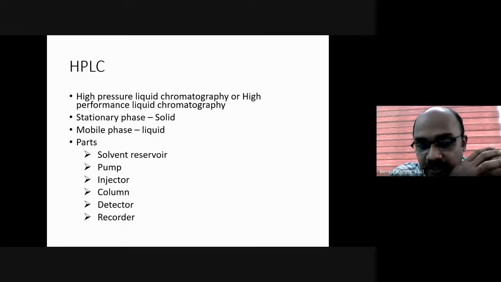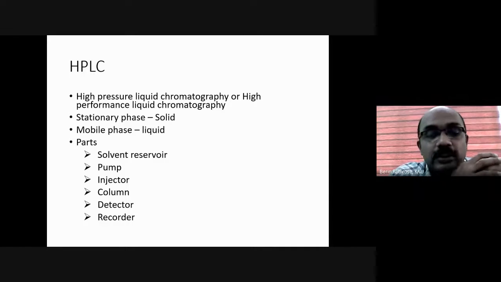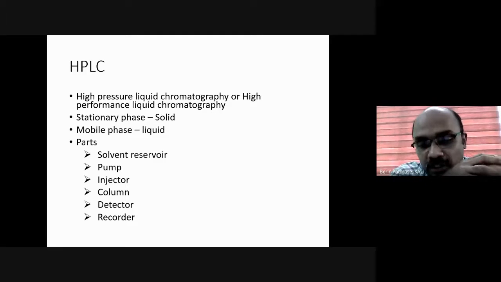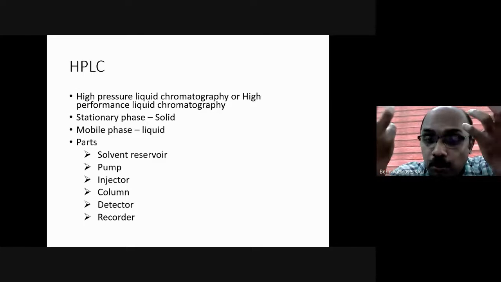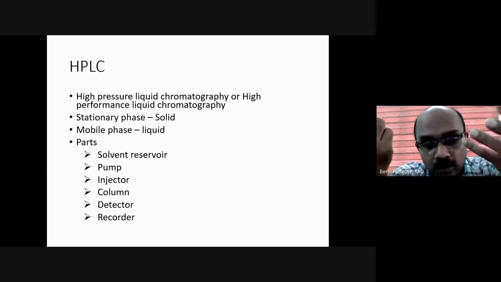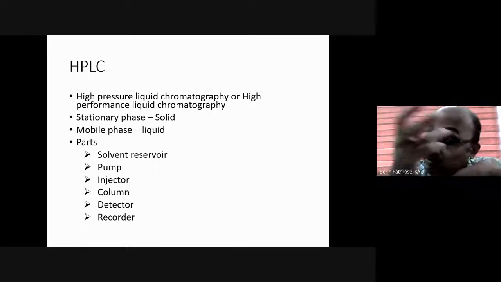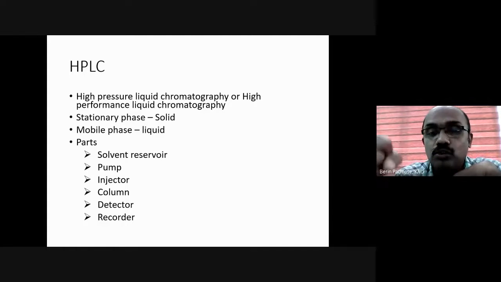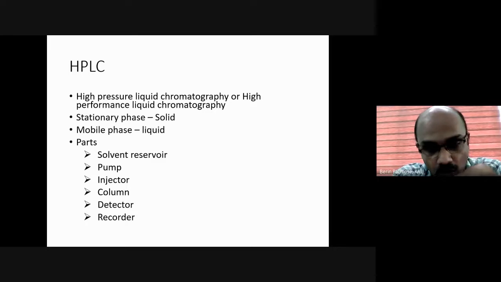The parts we have in an HPLC system begin with a solvent reservoir. Don't think it is a very huge part. Usually we have glass bottles, 1 liter or 2 liter, which act as the solvent reservoir. Then we have a pump, which draws the solvent from the reservoir and pumps it to the column.